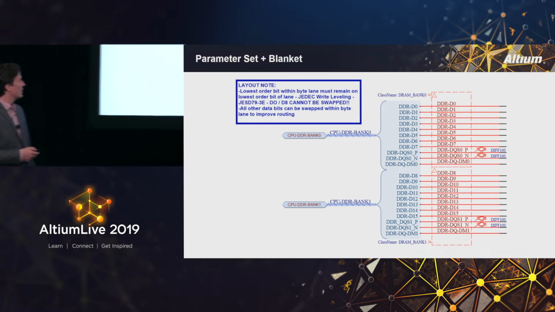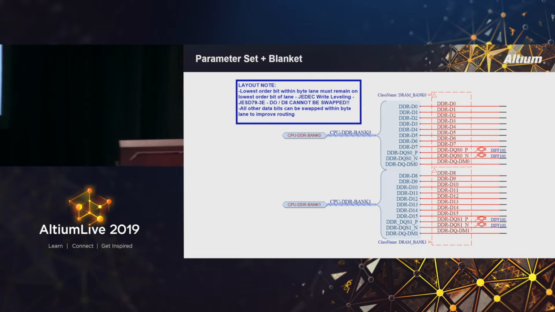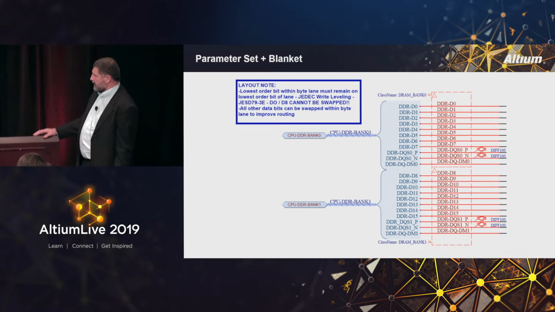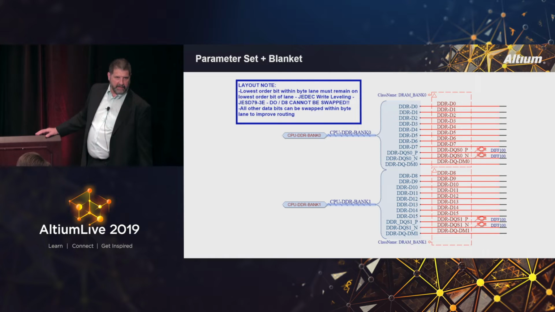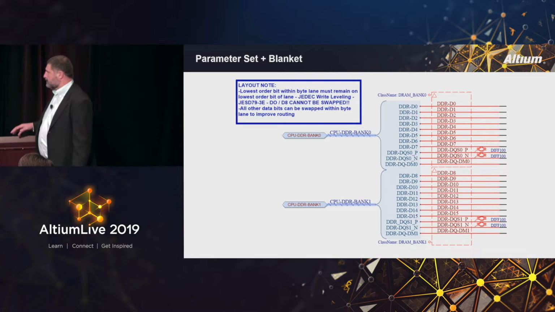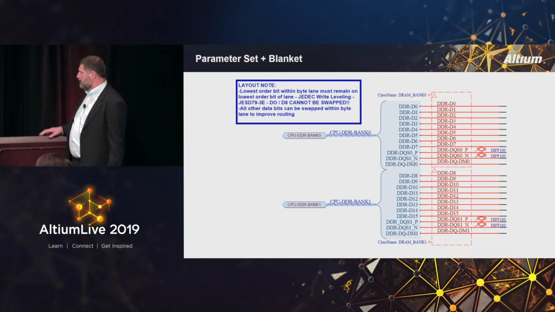This is an example of how to set up net classes with a blanket. We see drawn around the action point, in a net label, is the lower left corner. We have two blankets here. On the top is DRAM bank 0, and on the bottom is DRAM bank 1.